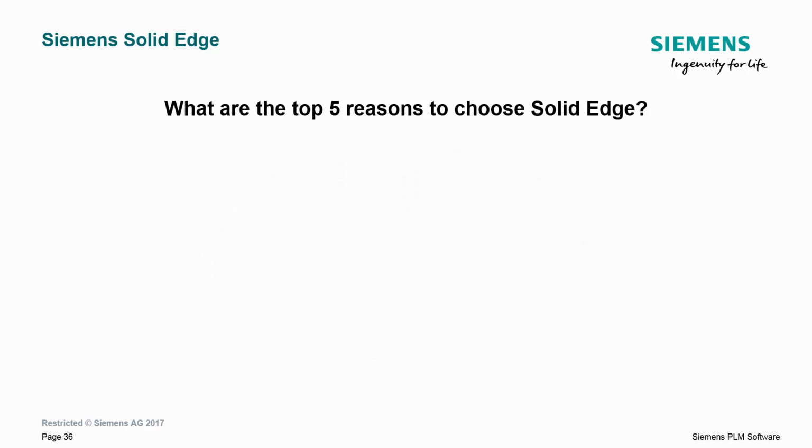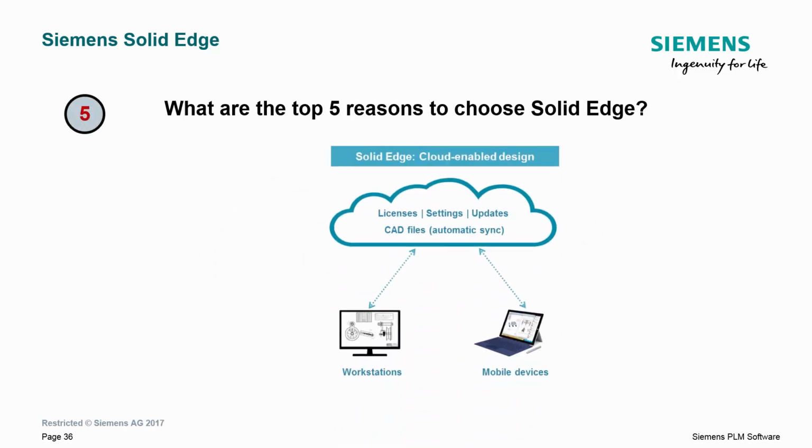And finally, accessibility. Solid Edge has great licensing options like cloud-based licensing. This gives customers licensed access to Solid Edge on any computer in any location via the cloud, preserving all of their custom settings regardless of what machine they're using, as well as access to their CAD files through a cloud-based storage provider of their choice, like Dropbox or OneDrive.